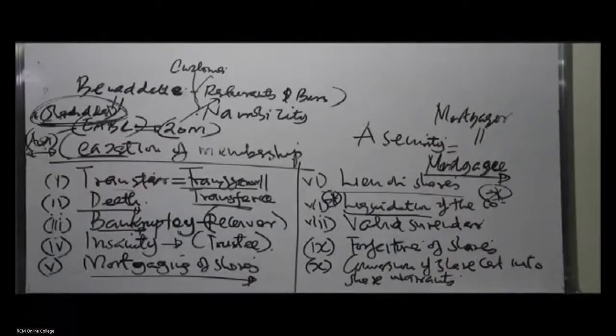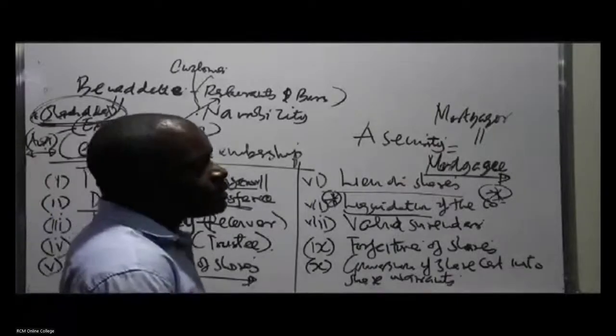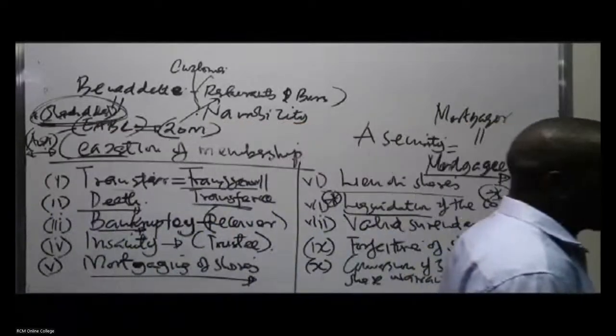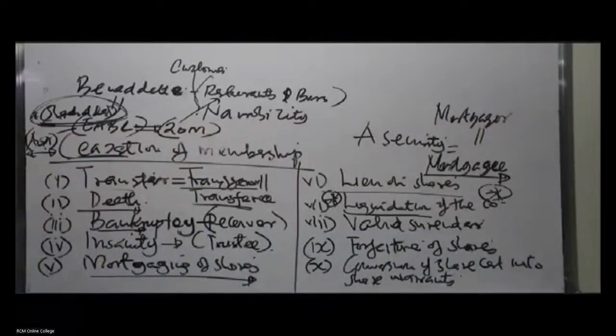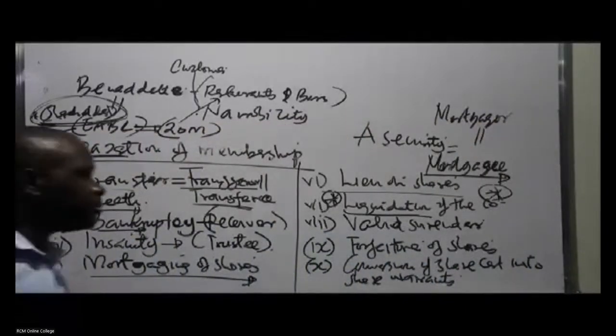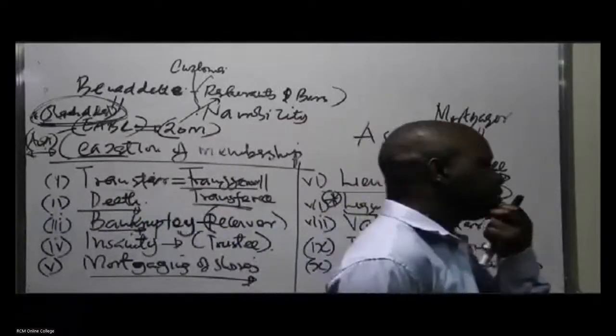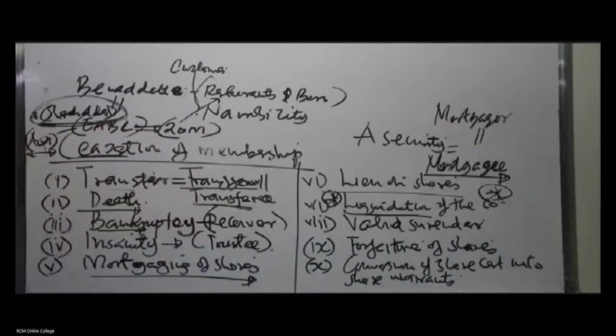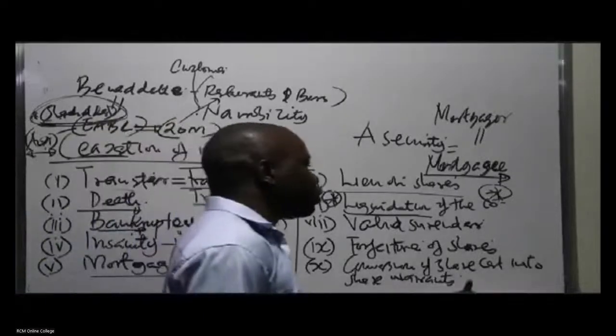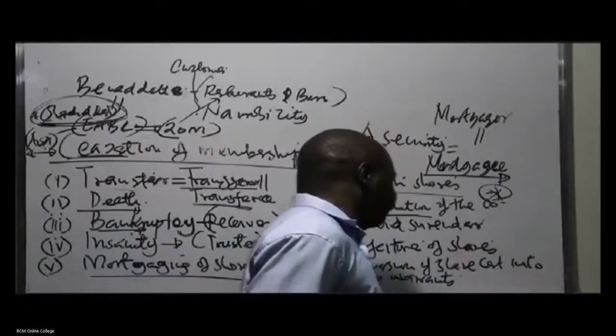Therefore, liquidation of the company is one of the ways that, once concluded, you will no longer be a member of that company. Valid surrender: sometimes you can validly surrender your shares, maybe because you do not wish to continue being a member. Through valid surrender of shares, one loses membership of the company.